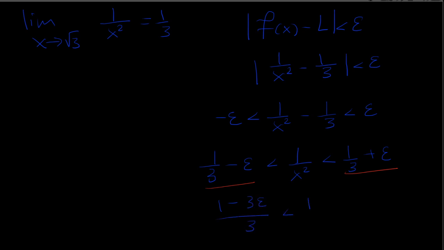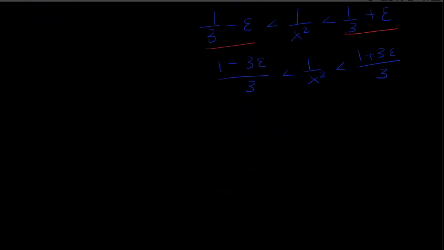And that's less than 1 over x squared less than 1 plus 3 epsilon over 3. Now I'm going to flip. So I'm going to have 3 on top over 1 minus 3 epsilon. The inequality changes. And then we have x squared. And that will be 3 over 1 plus 3 epsilon.